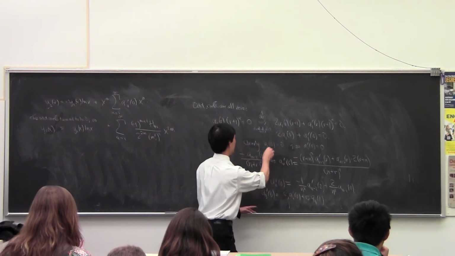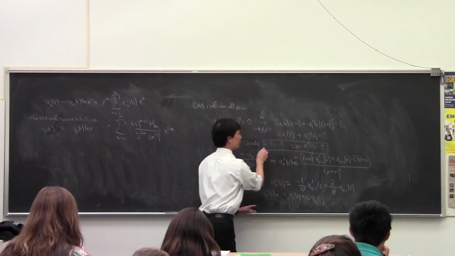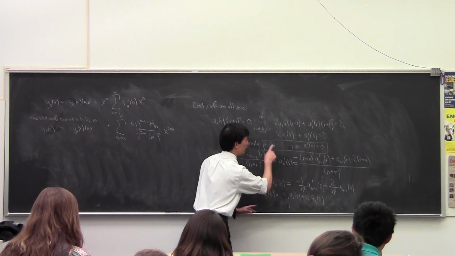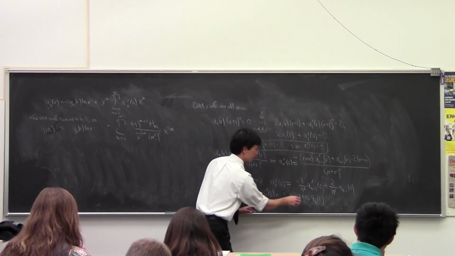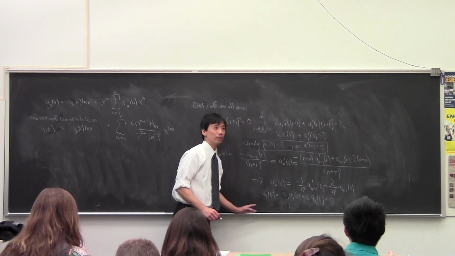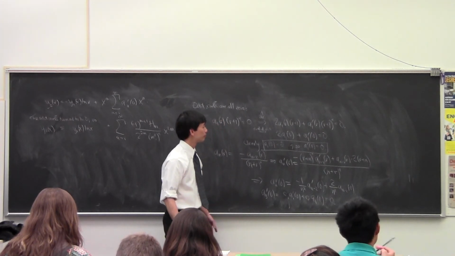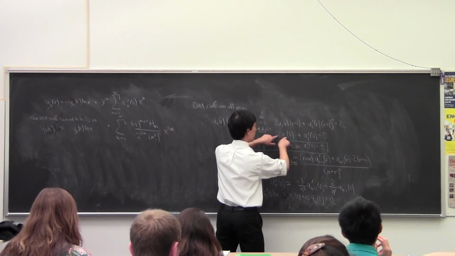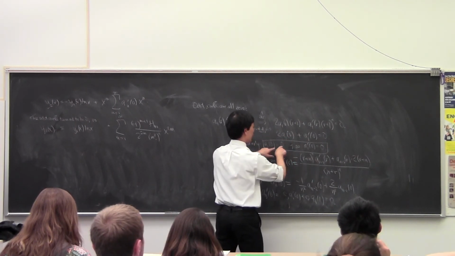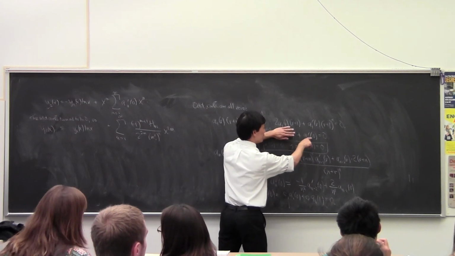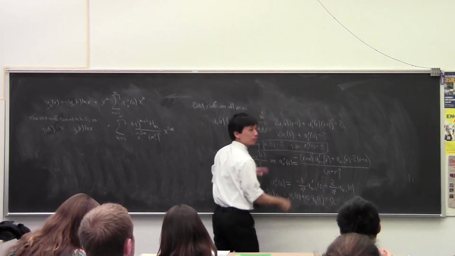But we just said that both of those are 0. So we get a combination of zeros, and we get 0. How did you get that a1 prime(0) is 0? From here, we know that 2 a1(0) plus a1 prime(0) is 0, and a1(0) is 0, so it must be 0.